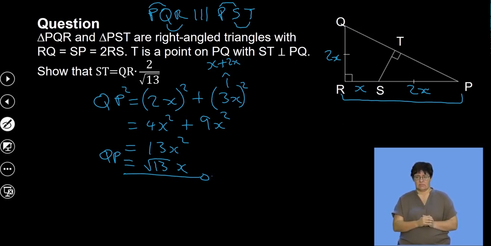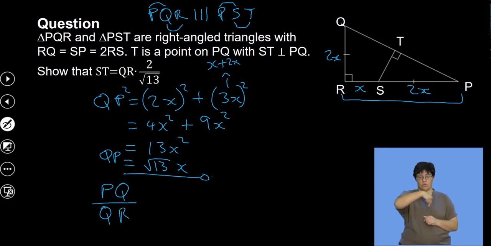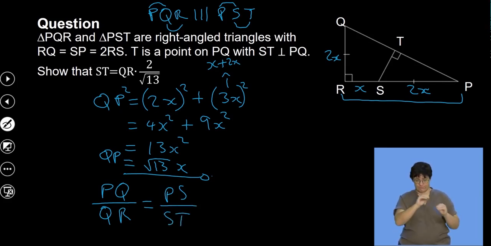So I'm just going to write the ratio quickly for us. This is PQ over QR, I said, is equal to PS over ST. Let me substitute everything that I know. PQ, we just found it to be square root of 13 x, over QR, we were given as equal to SP, right, which I said was 2x.